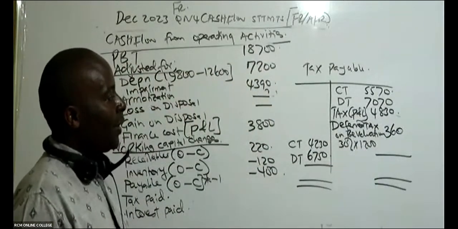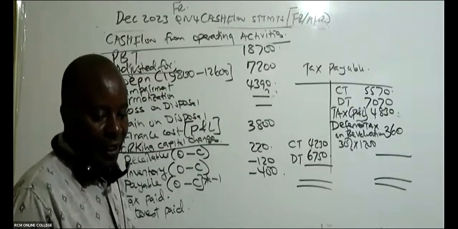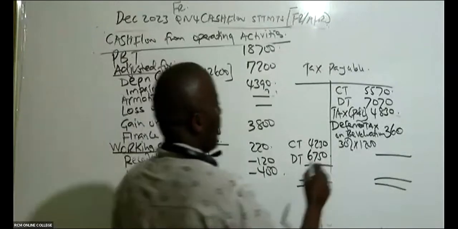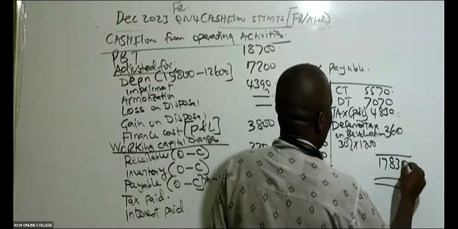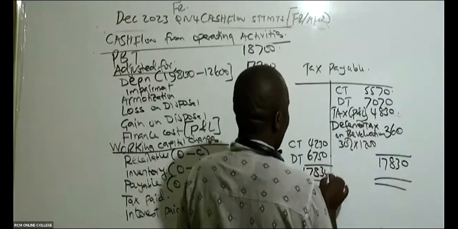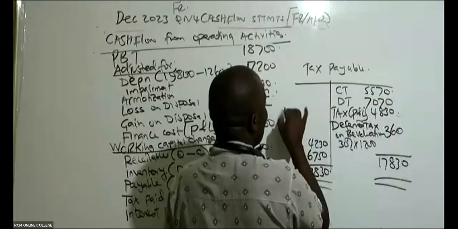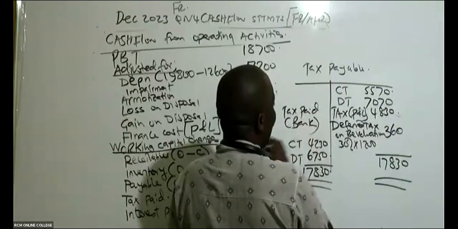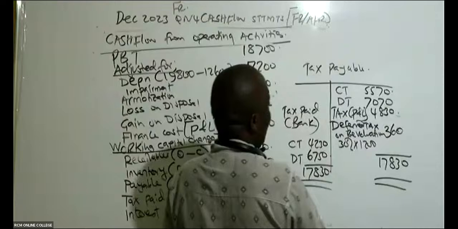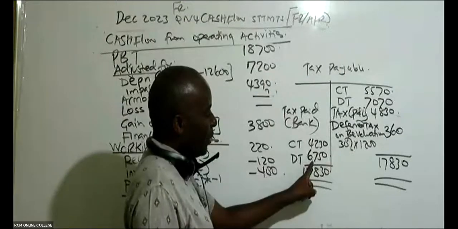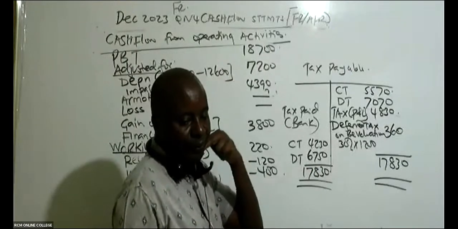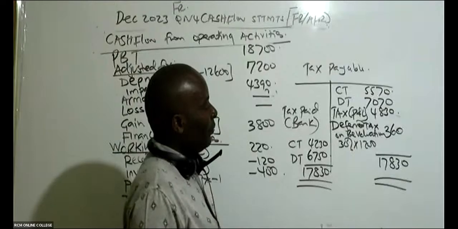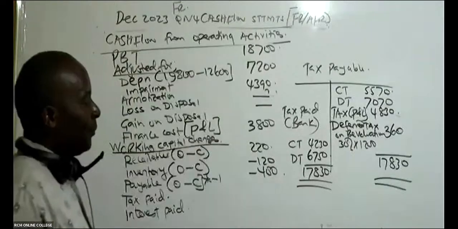5,570 plus 7,070 plus 4,830 gives 17,830. The balance here will be tax paid. So in this case, you credit your bank. It will be 17,830 minus 6,740 minus 4,230.